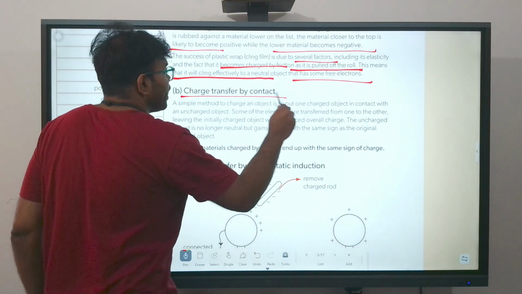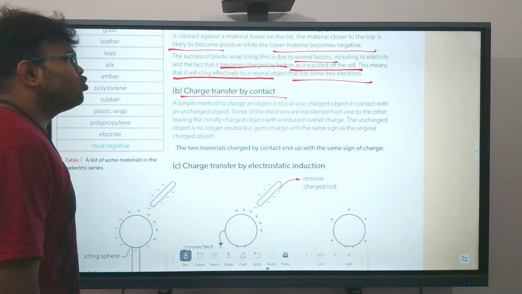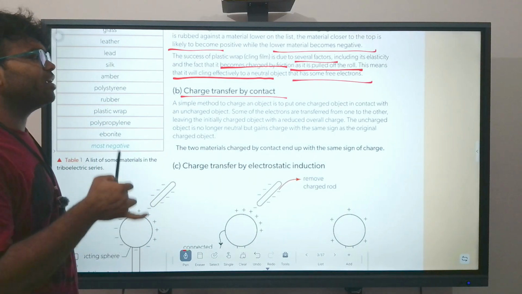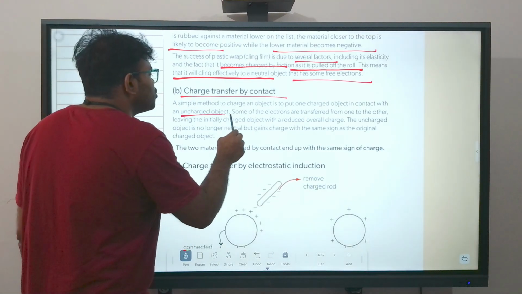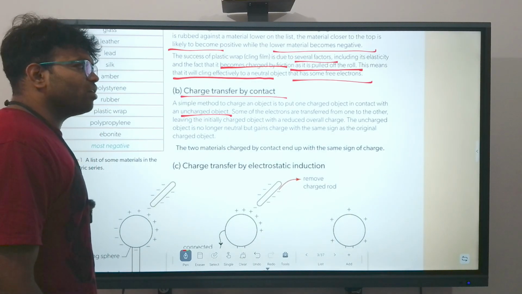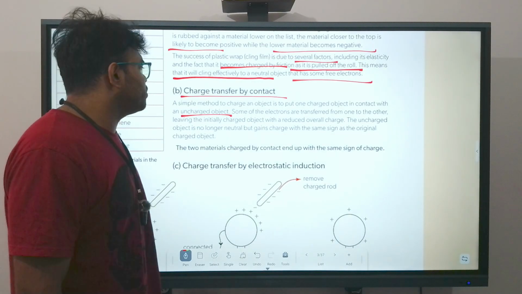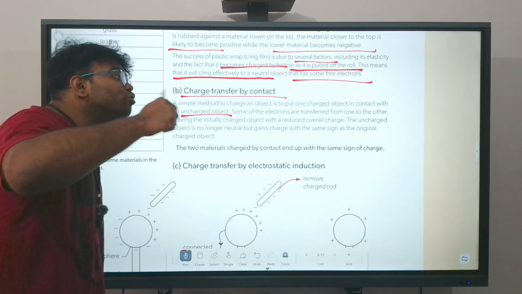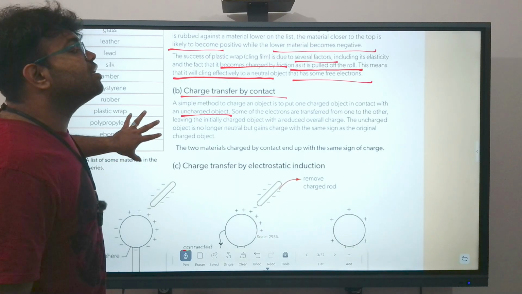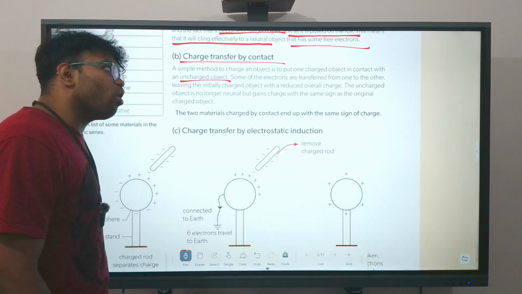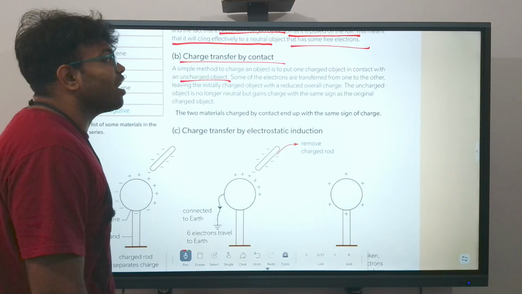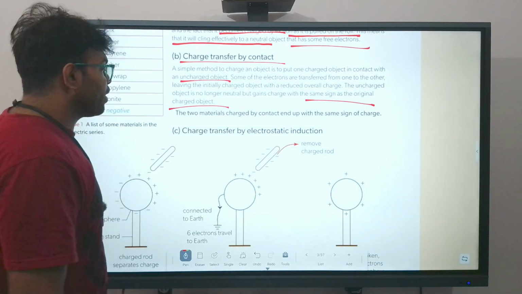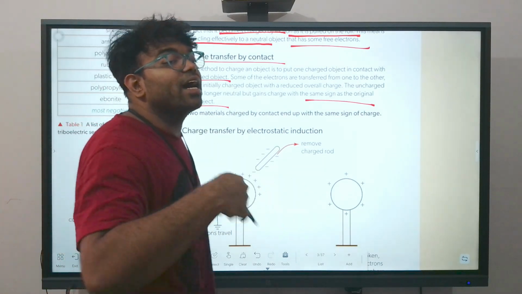Now, charge transfer by contact. A simple method to charge an object is to put one charged object in contact with an uncharged object. Some of the electrons are transferred from one to the other, leaving the initially charged object with a reduced overall charge. The uncharged object is no longer neutral but gains charge with the same sign as that of the original object. Understood? This is known as induction.